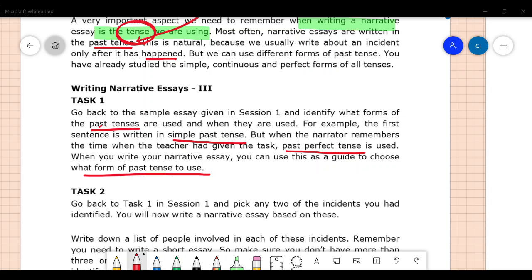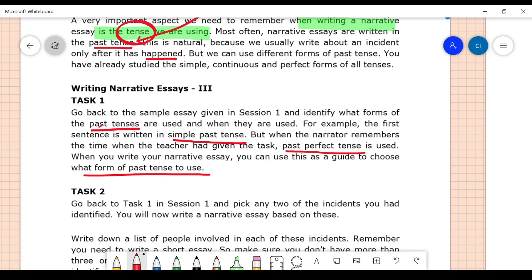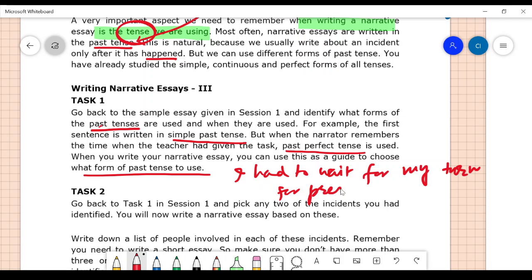Or you can say, somebody was giving the speech and I had to wait for my time. I had to wait for my turn. Okay, that is the perfect.